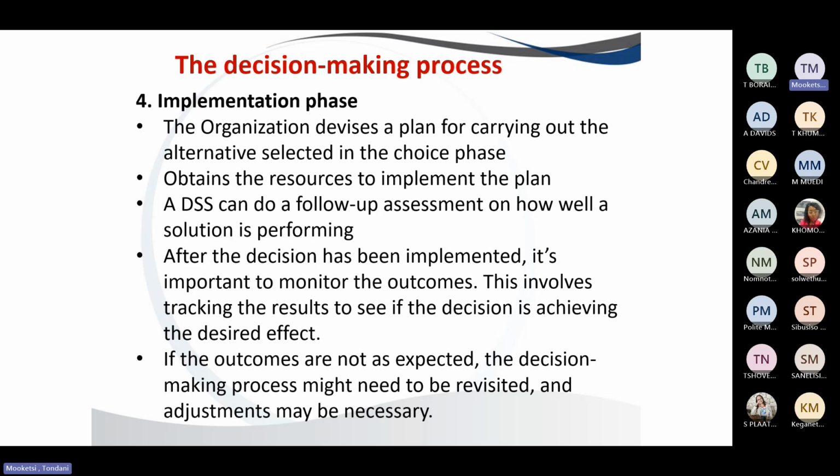So maybe they need to get a license to operate in that country in order to be compliant with the law. Maybe that will be the first step. But then there are other things that need to be done. And a decision support system can do a follow-up assessment on how well the solution is performing. So that plan will have different steps of what we need to do in order to implement this solution.